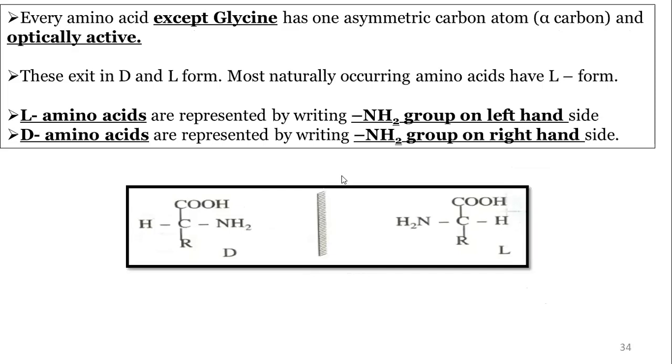Except glycine, all the amino acids are optically active. Remember, except glycine, all the amino acids are optically active. Can anyone tell me the reason for it? Manav Jori is there, I want to check. Yes Manav, tell me why glycine is not optically active, or anyone can tell me.